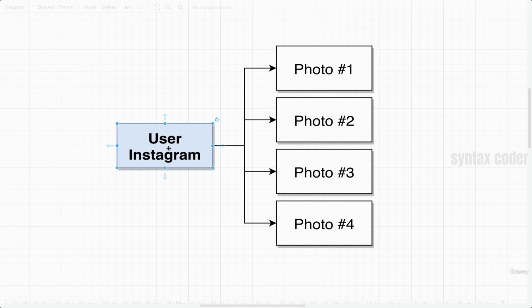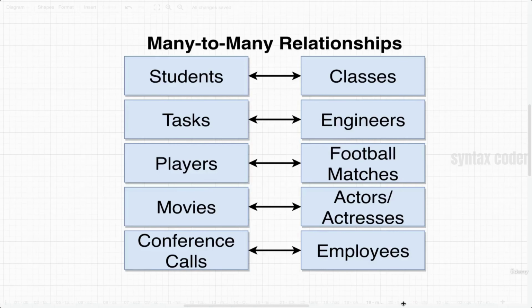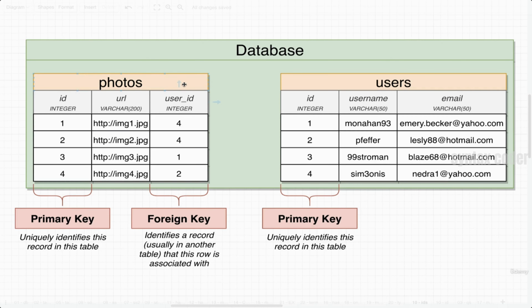So we need to somehow set up a relationship between these different photos and a user. To set up this relationship, we are going to give our photos table a foreign key column. We're going to call that column user_ID. And inside of this column, we're going to store the ID of the user that this particular photo, so this one right here, belongs to.